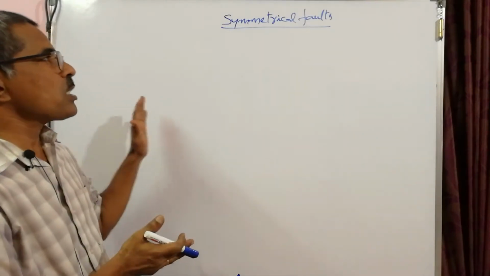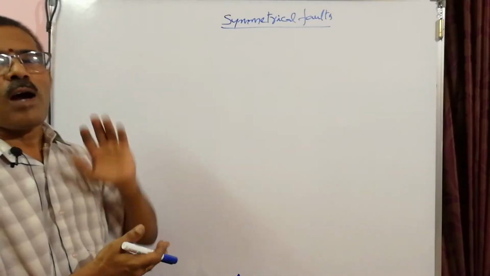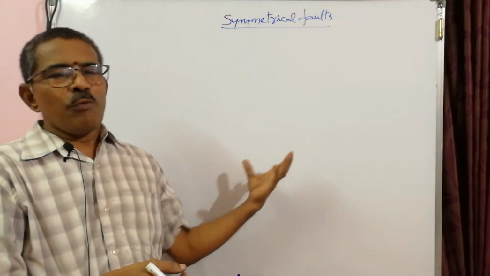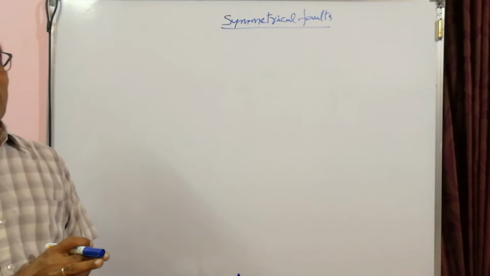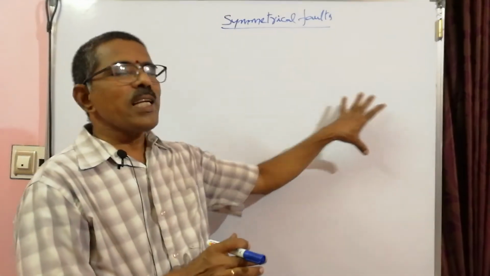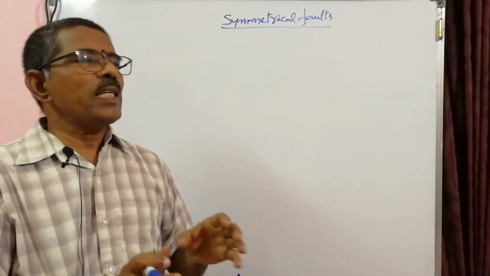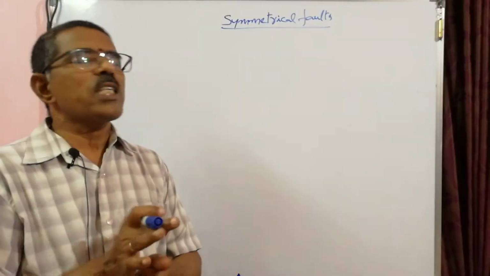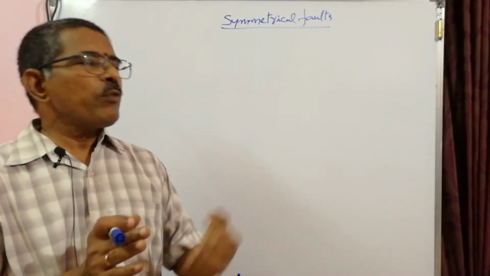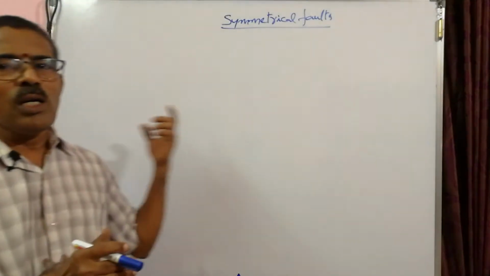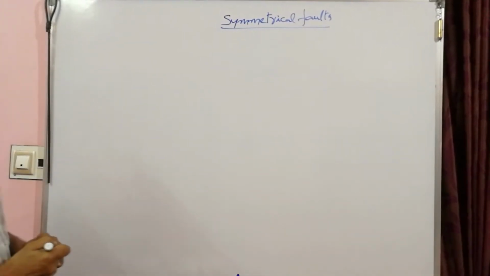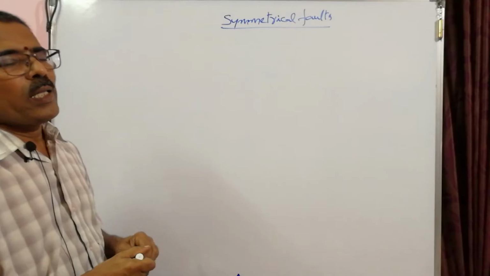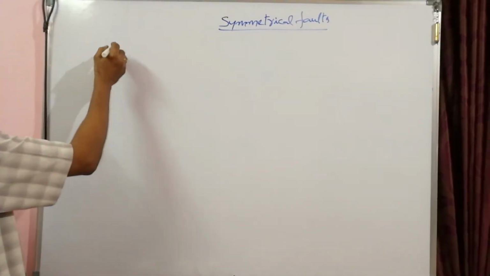Few cycles of fault current later, the current reaches a steady value, which we call the sustained or steady state fault current. Between the instant of fault and steady state, let us see how the waveform will be.